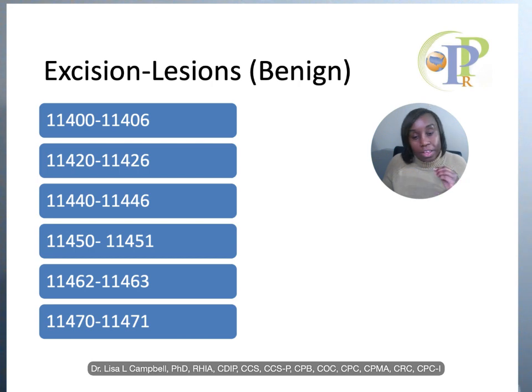The other thing that's important to know, and this is more of a real world concept, is that the excised diameter of the lesion is going to be captured from the operative note. You don't want to capture it from the pathology report. Why? When a provider takes a specimen out of the body, they put it into a solution to preserve the specimen as it's being transmitted, and oftentimes it will shrink.